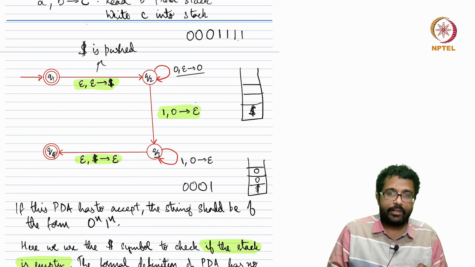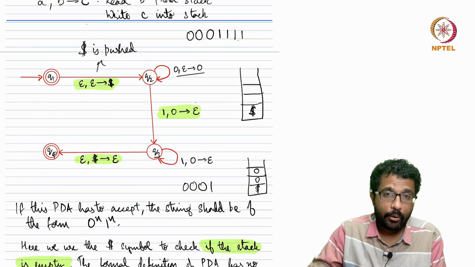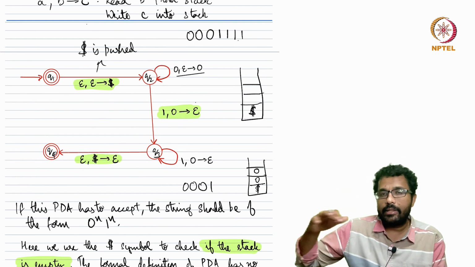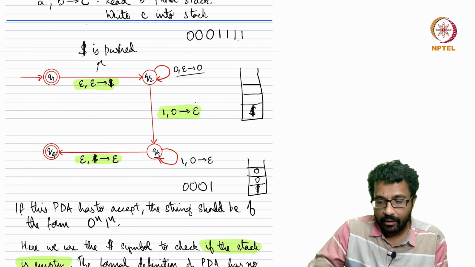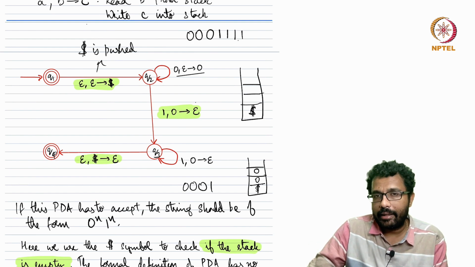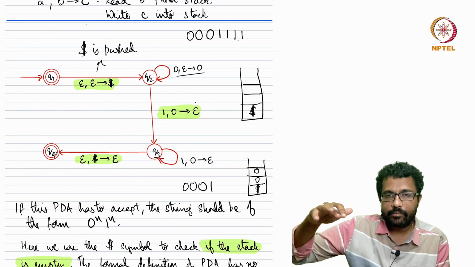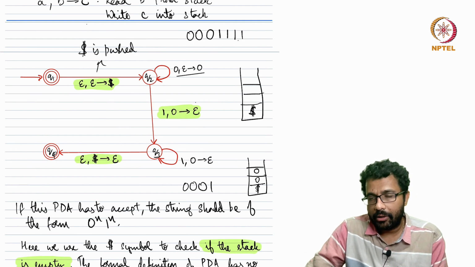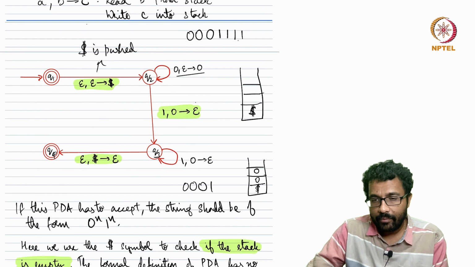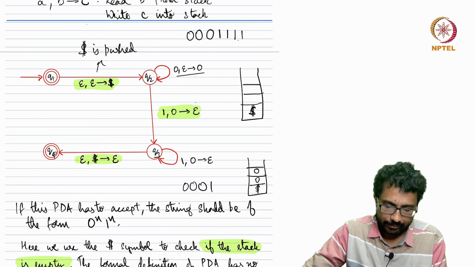If we don't have an unbounded stack, then we cannot accept this language. Suppose the stack is limited to size 100. In that case, we can only accept 0 power 99 and 1 power 99, right? Because we have to push the dollar and then 99 zeros, and then we are stuck. In which case it's a finite language, so it is a context free language, but it's a regular language also. It's a kind of trivial thing.